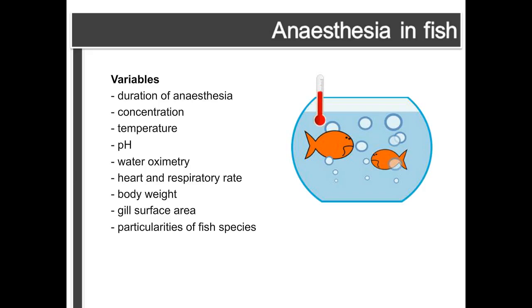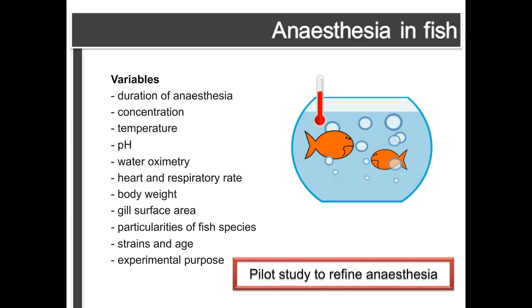And of course, fish have so many species so different from each other that you have to take that into consideration, and also the strain and age of the fishes. And once more, it also depends on the experimental purposes. So I really advise doing a pilot study to refine anesthesia, to understand what works in your situation, what you want to achieve.